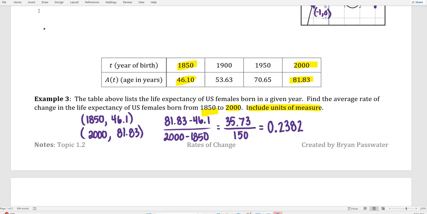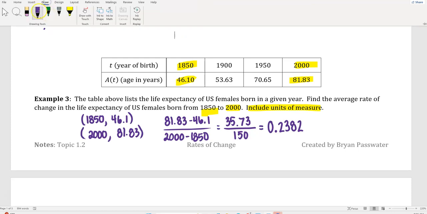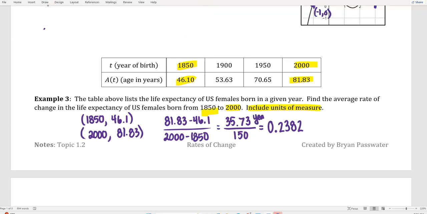So what I like to do is look at my y coordinates on the top. The y coordinates, there's the units for the y coordinate, right? So the top is in years. Let me double-click in that table. This is age.